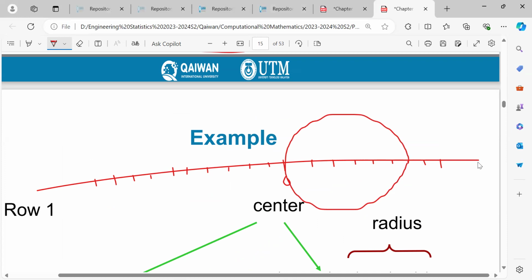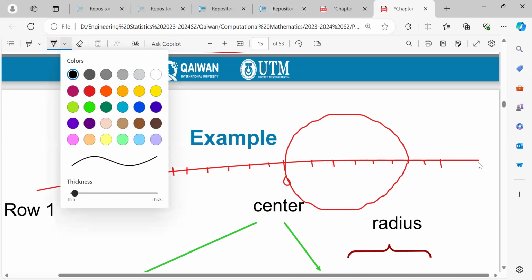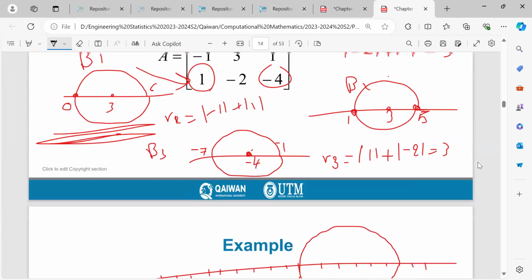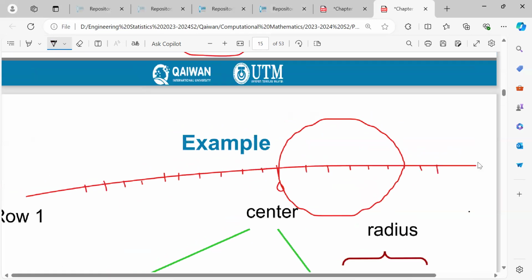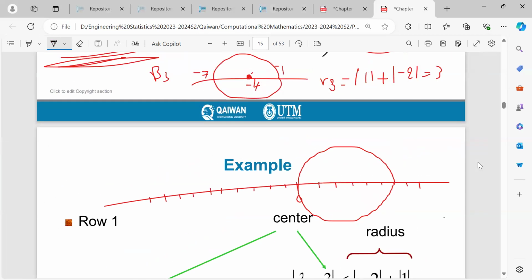It's the first one. And the second is from 1 to 5. The center is at 3. That's the center. From 1 to 5. That's it.